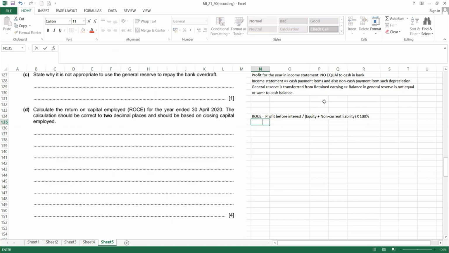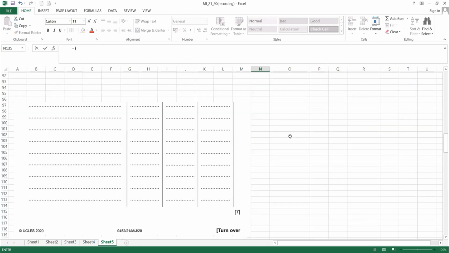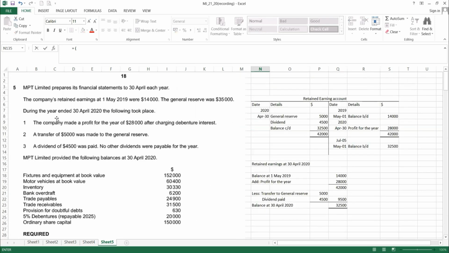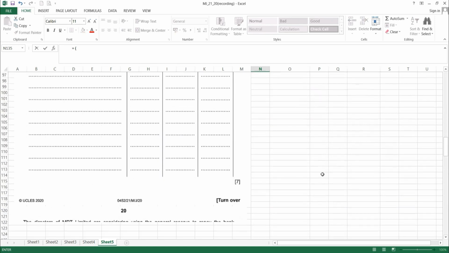So now we base it on the formula that we have. Profit before interest. The question at the top says the company made a profit for the year of 28,000 after charging the debenture interest. This indicates that this is after debenture interest, so we have to change it to before interest.